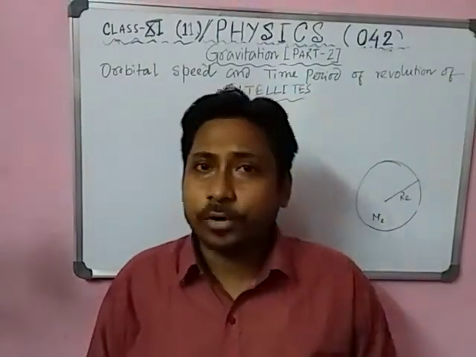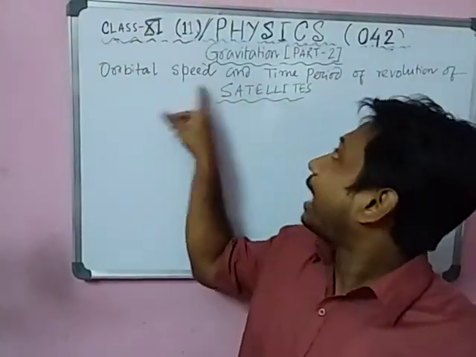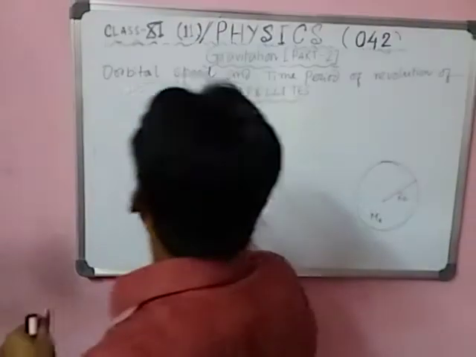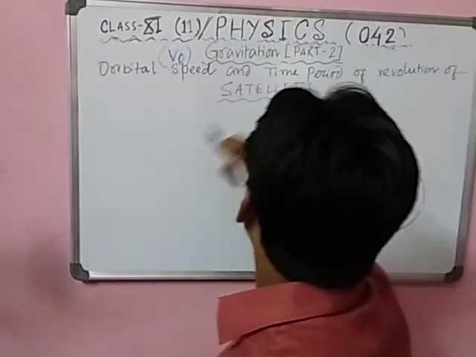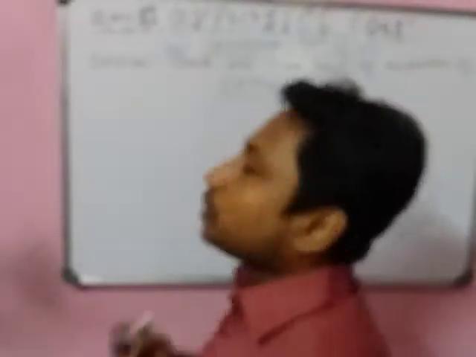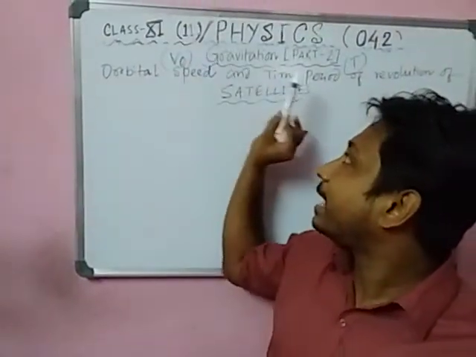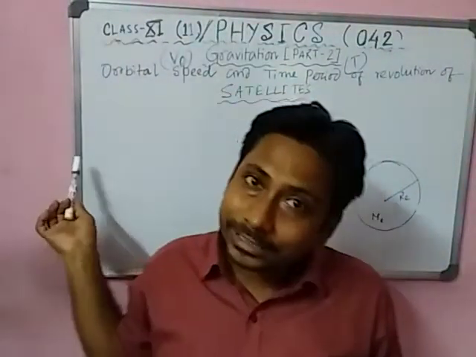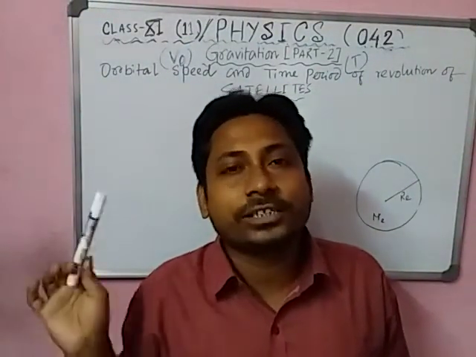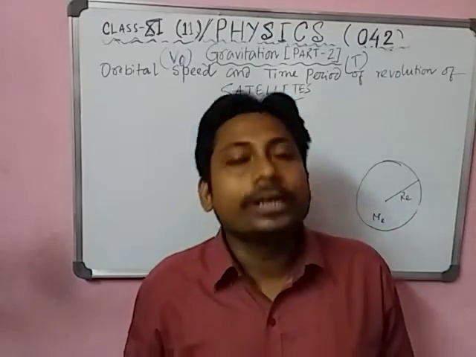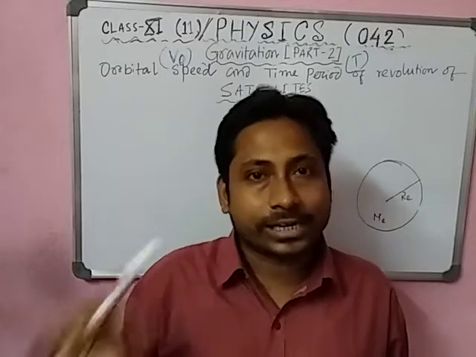Students, one more important thing, the calculations of orbital speed, which we write as V0, and time period T. We can calculate orbital speed and time period for an artificial satellite also, so this calculation is the same for the moon as well as an artificial satellite.